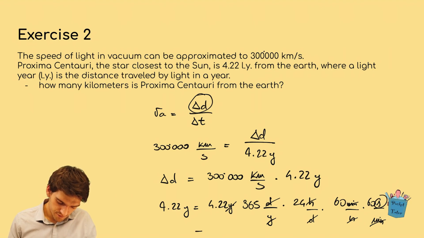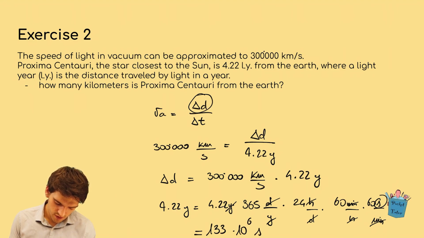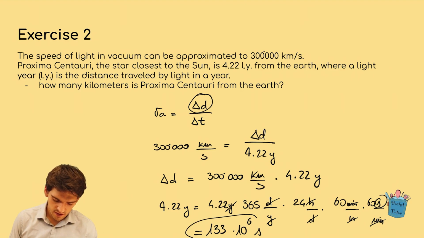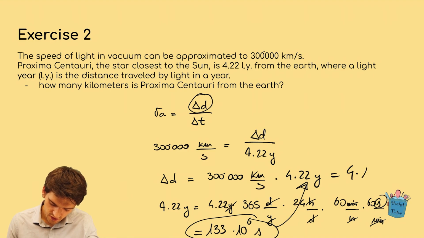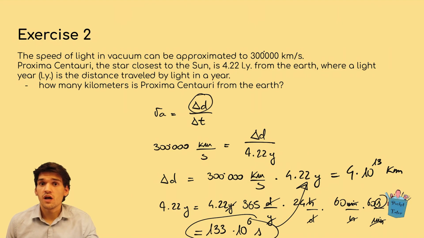This value is equal to 133 times 10 to the 6th power seconds. And now we can substitute this value here into this equation to find that the distance between the Earth and Proxima Centauri is equal to 4 times 10 to the 13th kilometers, which is a lot.